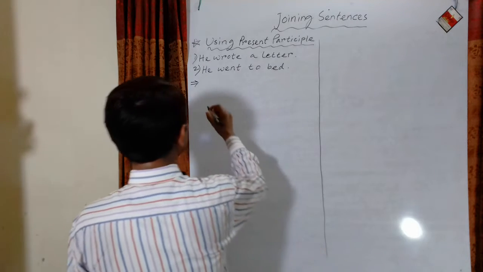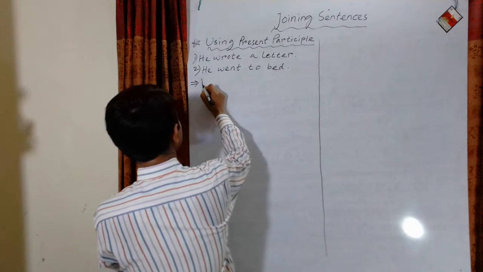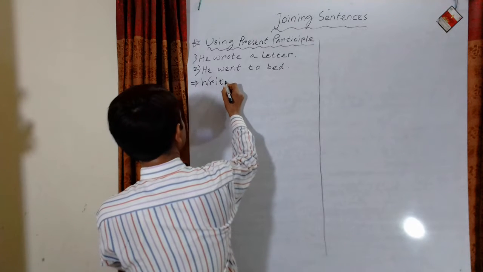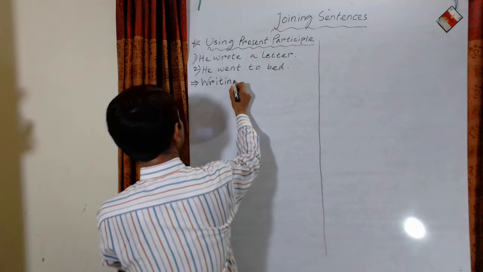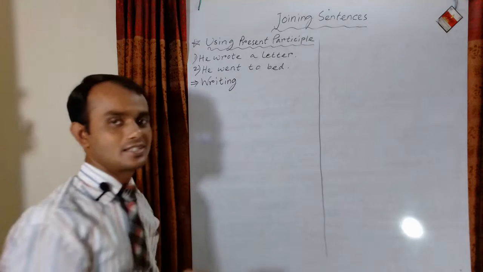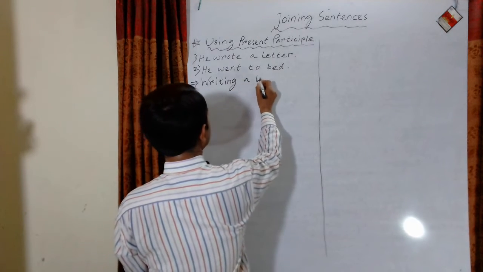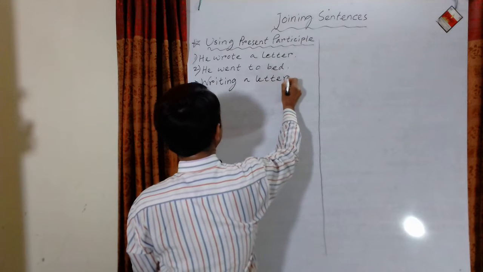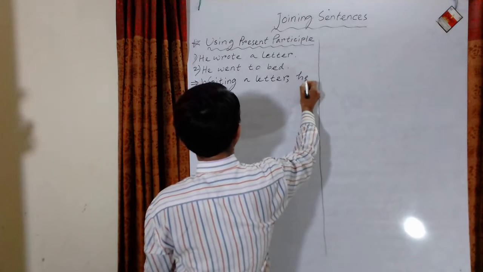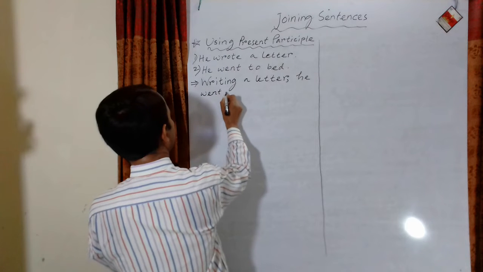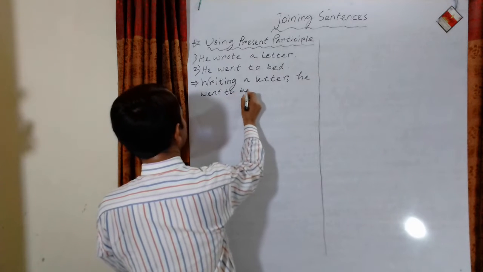Okay, so writing, present form is write, and I will add ing. Writing, this is present participle. Writing a letter, he went to bed.